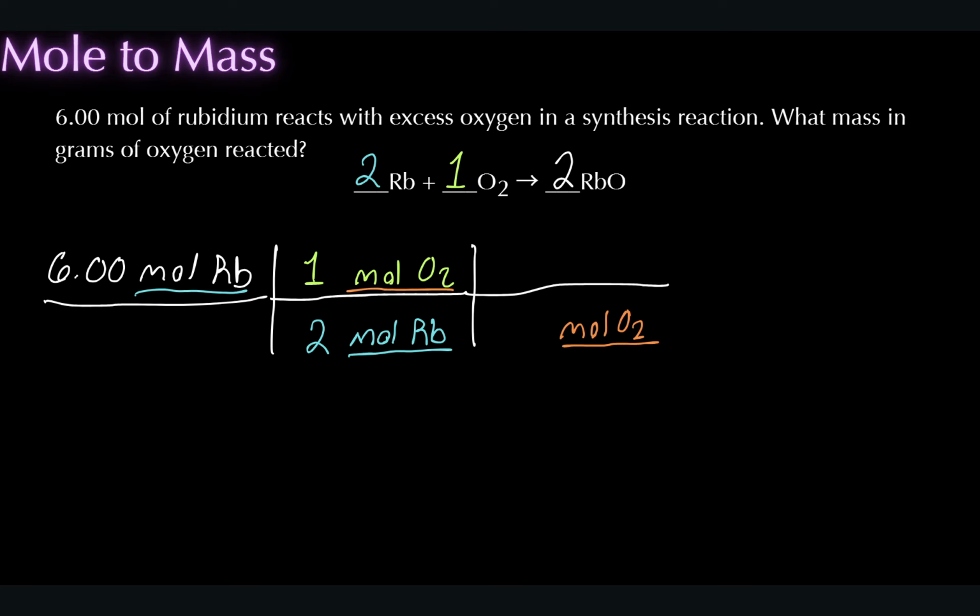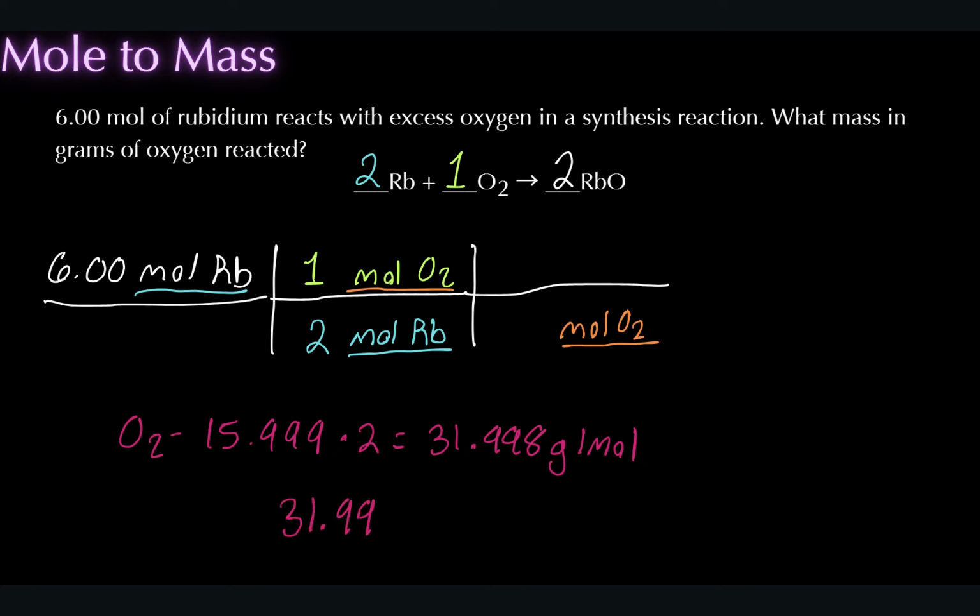Finding our molar mass of our O2, our oxygen being 15.999, I have 2 of them. Multiplying that out, I should get 31.998 grams per mole. Now, remembering that second way that we're able to write this, this will be our 31.998 grams of our O2 equal to our 1 mole of O2.